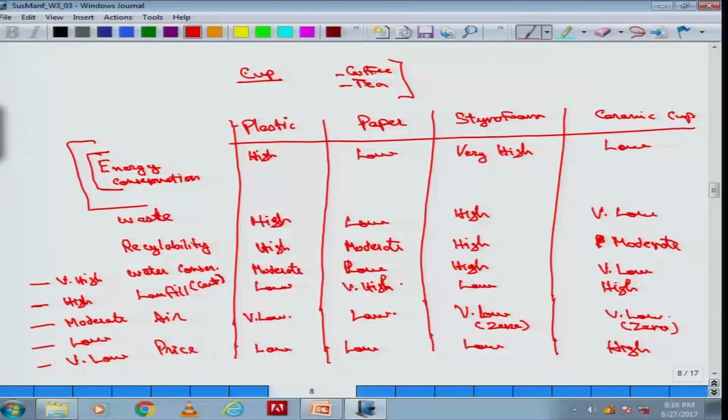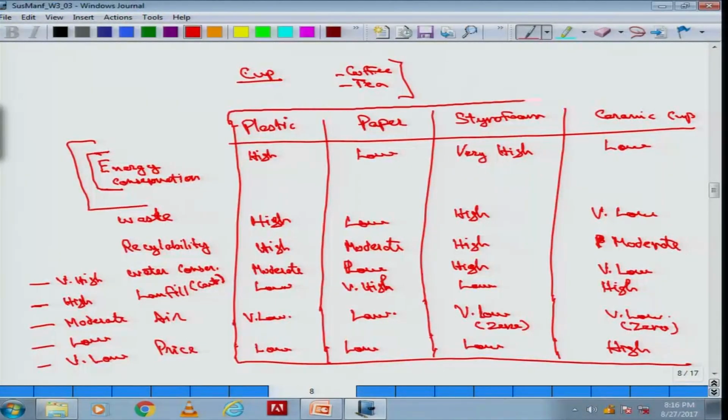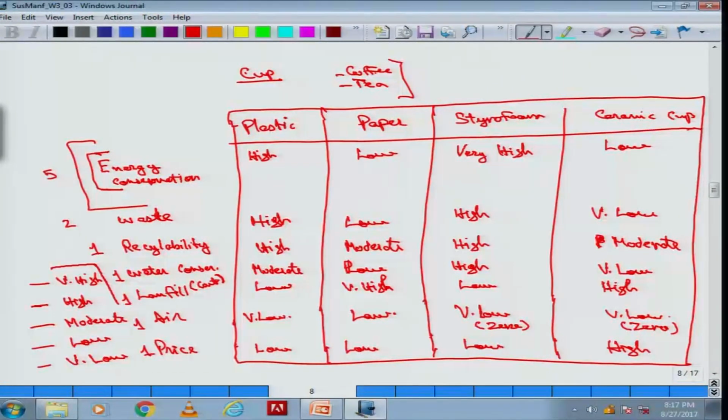So next, I have made the comparison chart here. Now I could give weights here, right. For example, I will give 5 units to this one, 2 units to this one, 1 unit, and maybe 1 unit, 1 unit, 1 unit, and 1 unit, and all these categories are also given some numbers here, from 5, 4, 3, 2, 1.